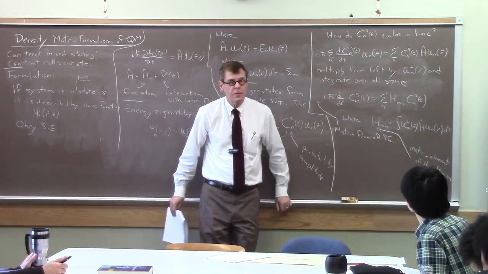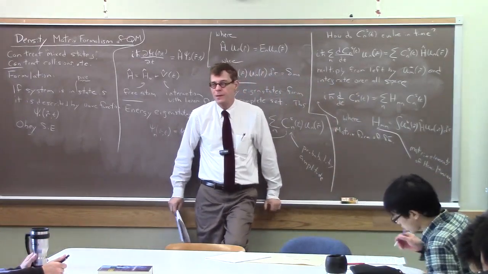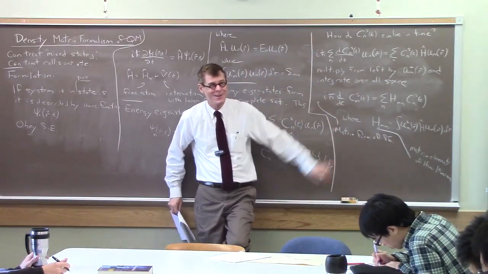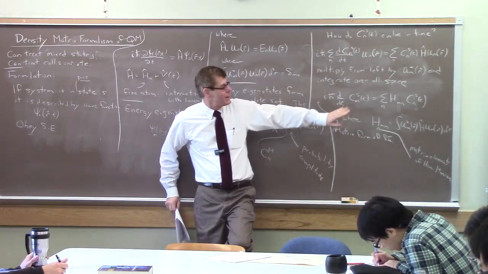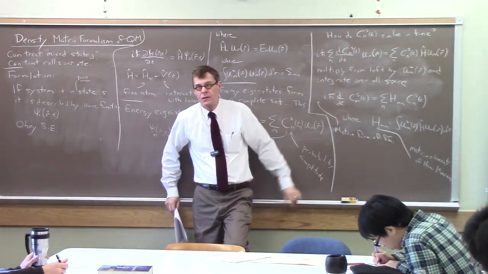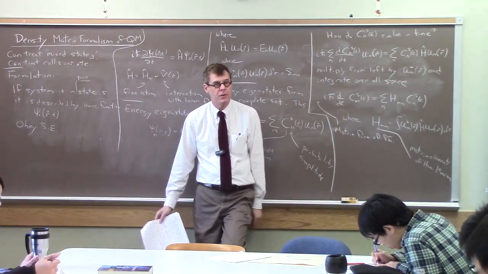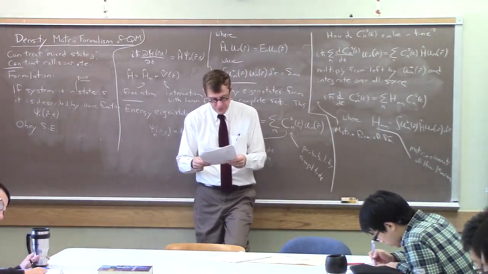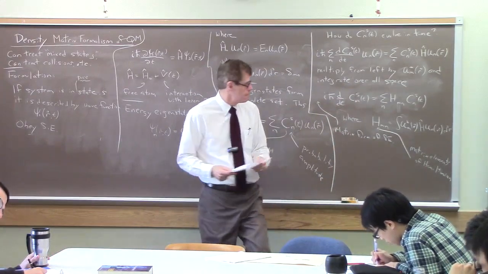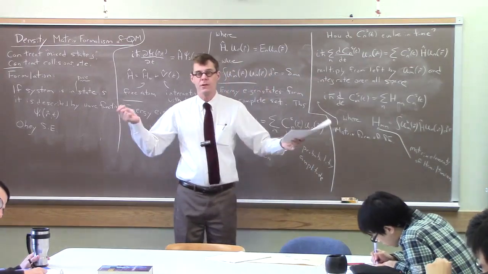And oftentimes computers like matrices better than differential equations. So, written in this form here, it is often a form that's just easier to implement in terms of numerical analysis. Okay, any questions?